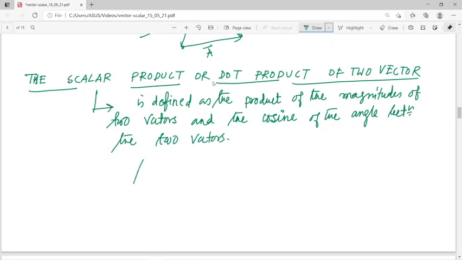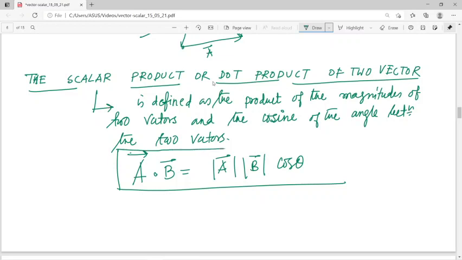What does it mean? If we define a dot b, it is nothing but the magnitude of a, the magnitude of b, and cos theta. That is the corresponding formula.